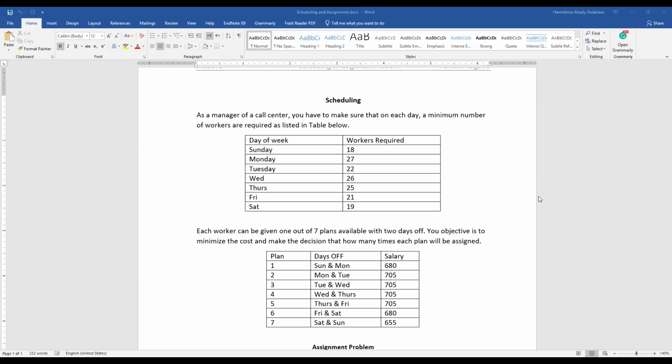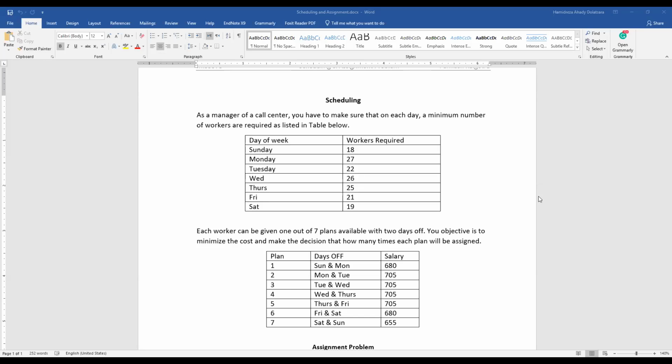So having said that, we want to satisfy the number of required workers and also minimize the cost. Actually, it sounds like a very easy problem because the number of workers required is something like demand, and you supply from different plans, and the amount that you provide should be more than the demand here.